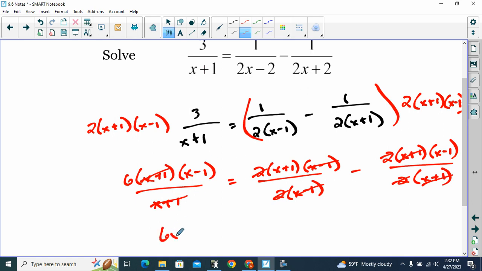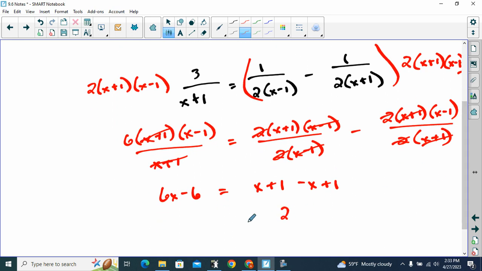Distributing the 6, I get 6x minus 6 equals x plus 1. Notice I have minus this x minus 1. Make sure you distribute the minus sign. So this is minus x minus negative 1. Two is 6x minus 6. 8 over 6 or 4 over 3.